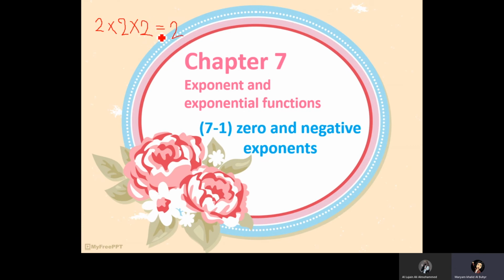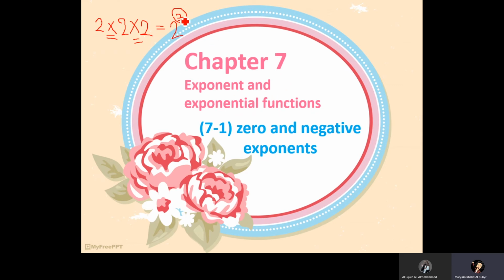This is the base, 2 to the power 3, because I'm repeating this number 3 times. So that's the idea: if I have multiplication between them, according to how many times I repeat this number, I will write it to the power 3. This is the idea of the exponent, if you forgot the meaning of the exponent.